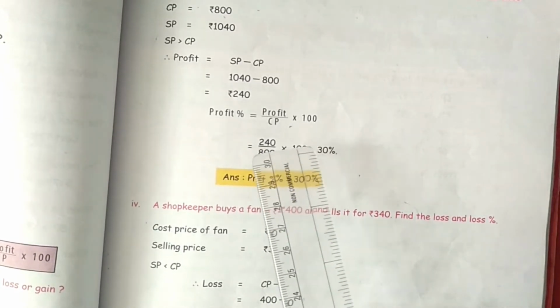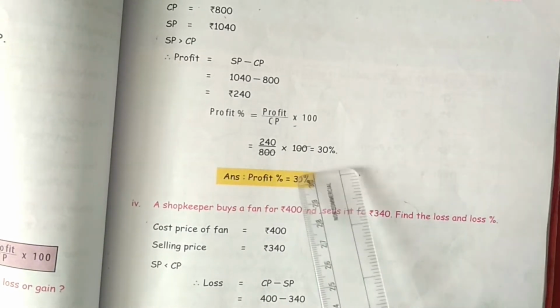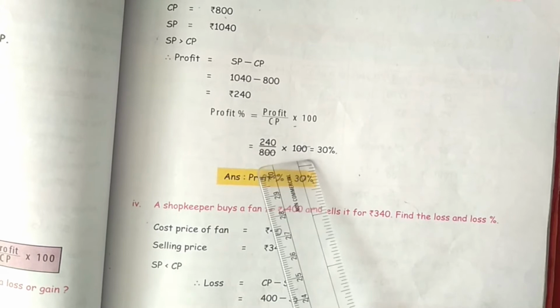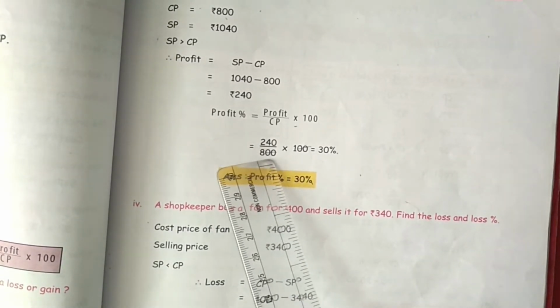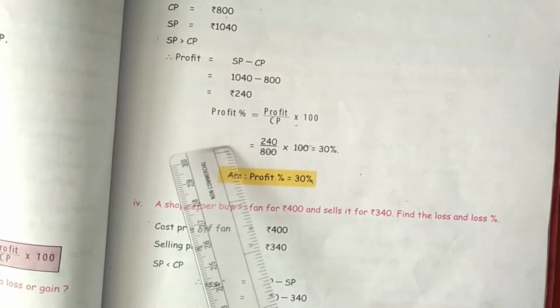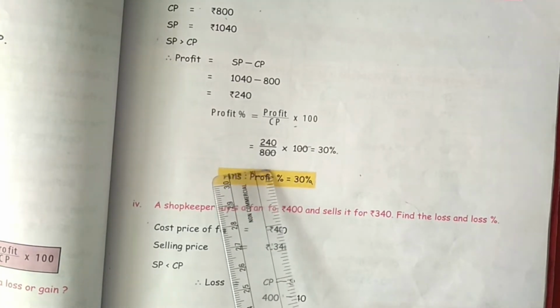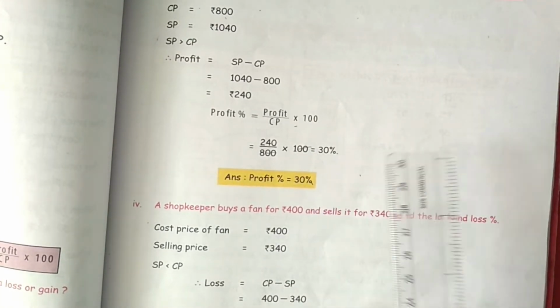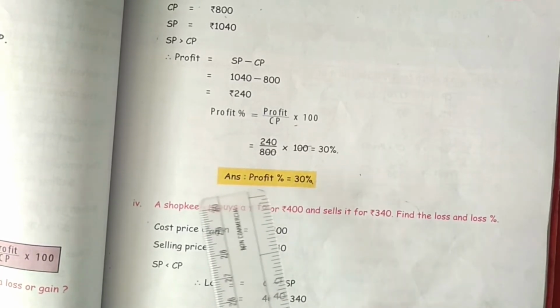So 240 divided by 800 into 100. Now see here, cancel these two zeros and in 800 cancel these two zeros. Then what has been remained over? 240 divided by 8. That is equal to 30. So 30% is the profit percentage.